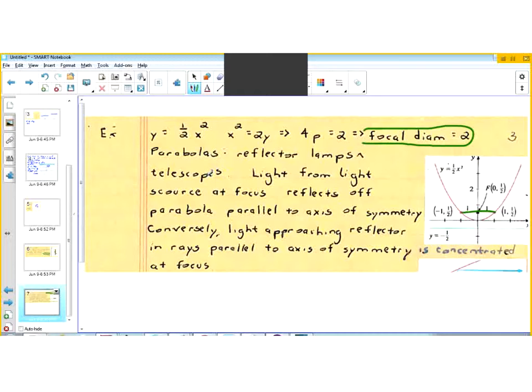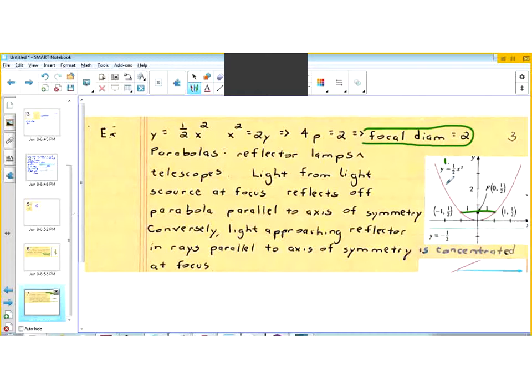Okay, so parabolas are used in reflector lamps and telescopes. And it turns out that light from a light source at the focus reflects off the parabola parallel to the axis of symmetry. And conversely, light approaching the reflector in rays parallel to the axis of symmetry is concentrated at the focus.